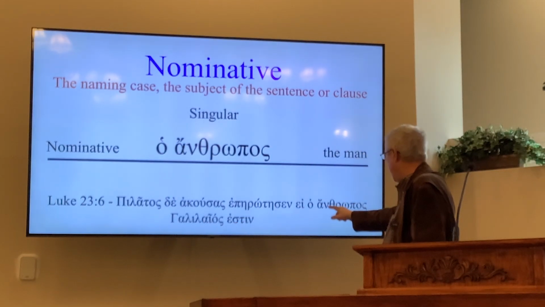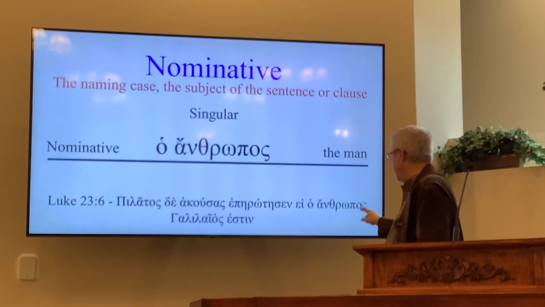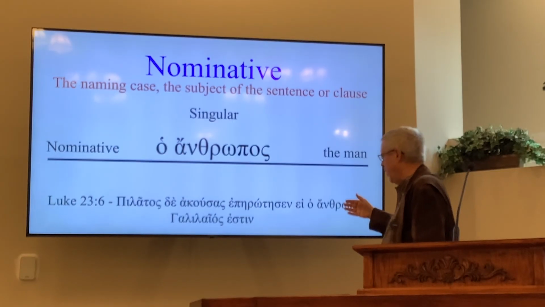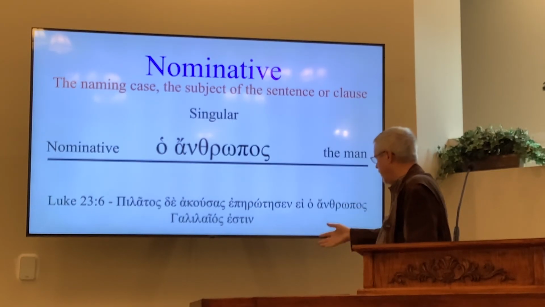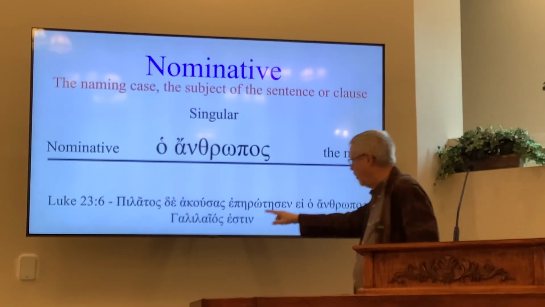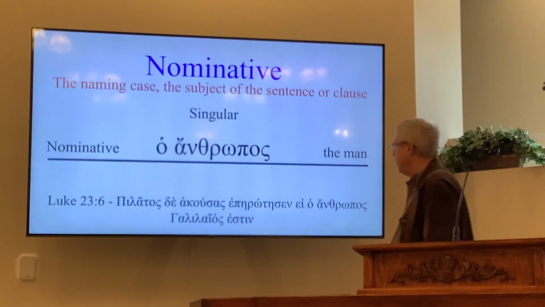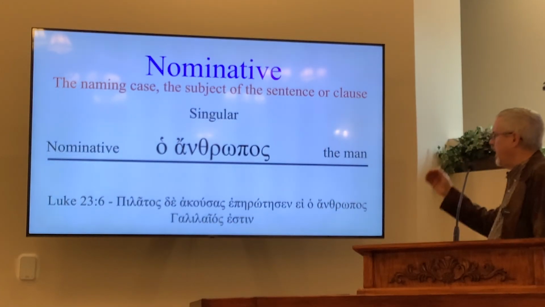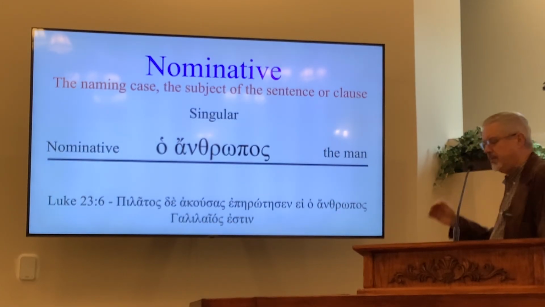All right, ho anthropos is that is accused. Of course, he's talking about Christ. When he heard that Christ, referred to here as the man, that the man was Galilean. Okay, and so here is that nominative case.